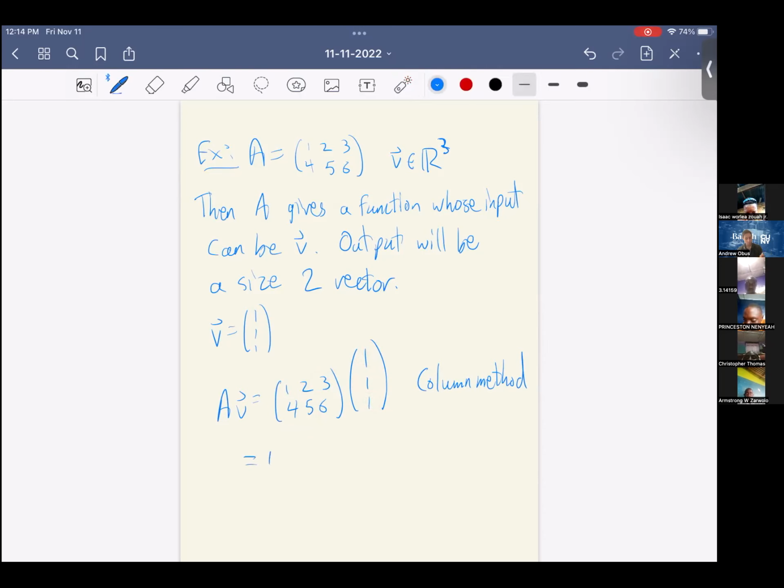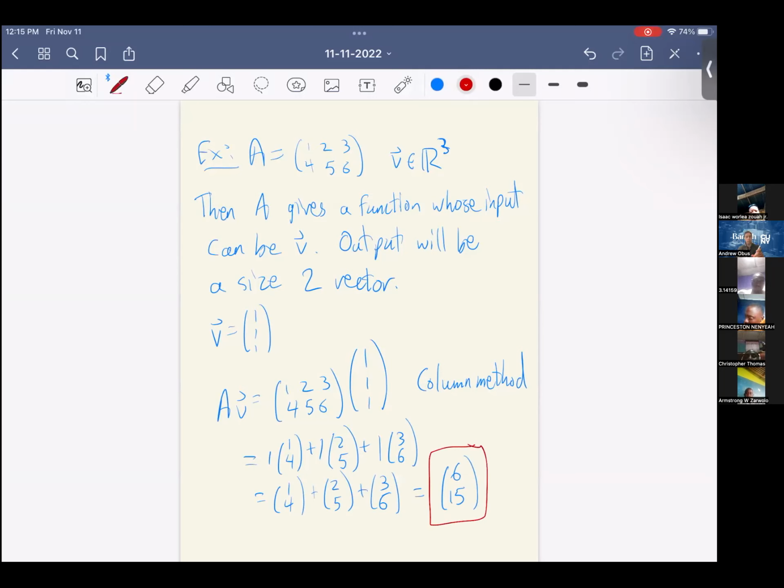So what we're going to get is 1 times (1, 4) plus 1 times (2, 5) plus 1 times (3, 6). And so this is just (1, 4) plus (2, 5) plus (3, 6). And this comes out to be (6, 15).